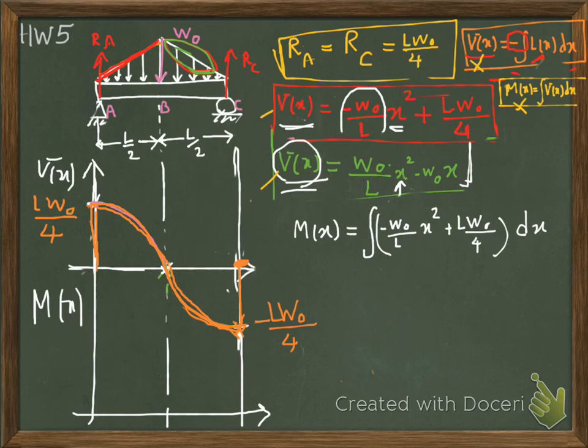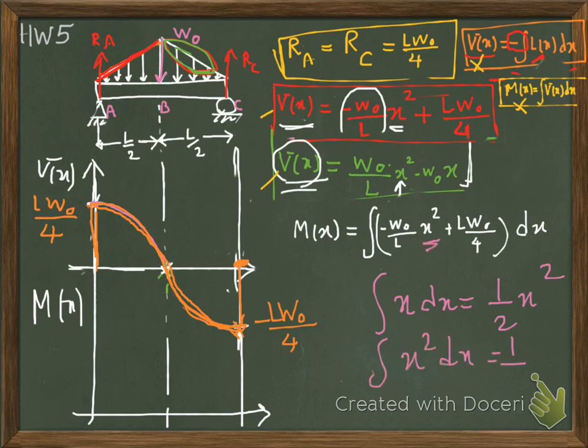Well, maybe you want a reminder? The integral of x dx is 1 over 2 x squared, right? So what is the integral of x squared? It's 1 over 3 x cubed, okay? Good if you remember.